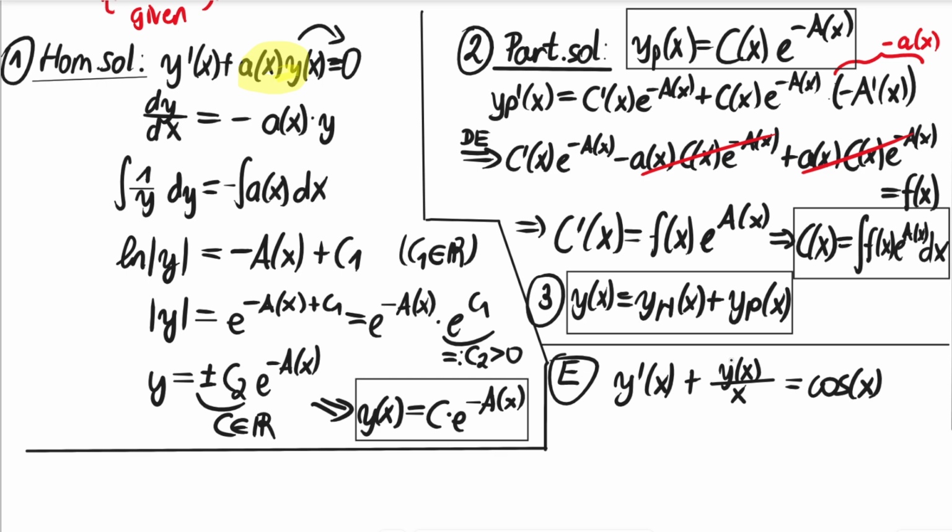So we can use the algorithm we have studied now. First you determine the function small a of x, which in our case is simply 1 over x. You find the antiderivative, so you need to integrate it, which is the ln of x. We avoid writing absolute values here because we assume that x is larger than 0.